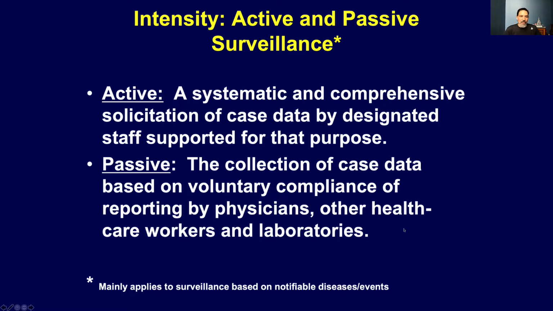So physicians and healthcare workers and laboratories are made aware of the fact that they need to report certain information about particular health outcomes or notifiable conditions. And then, you sort of expect them to do that, and you, at the health department, you wait for this information to come to you, as opposed to actively going out there and getting it yourself. It's kind of like a push-pull kind of difference.